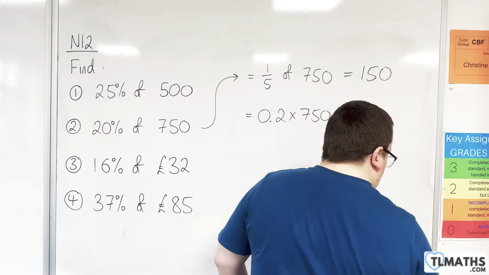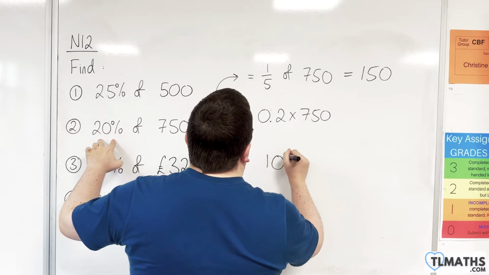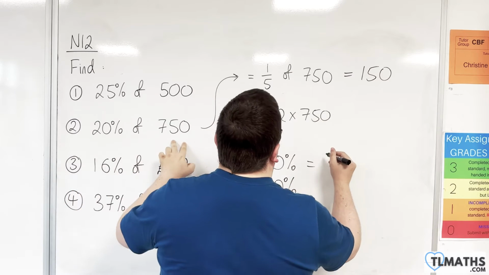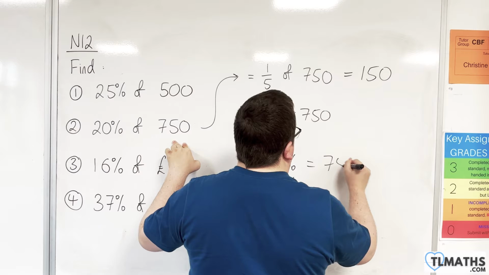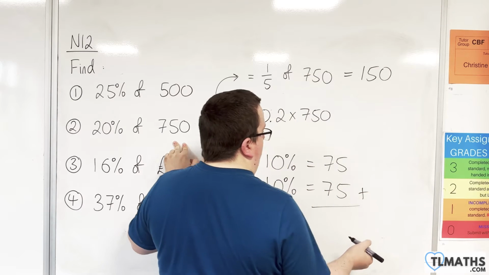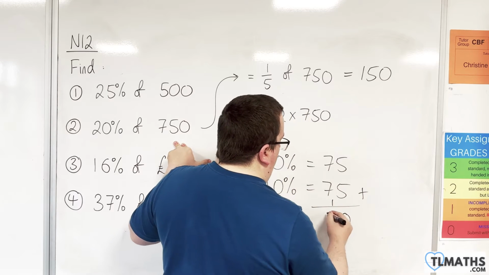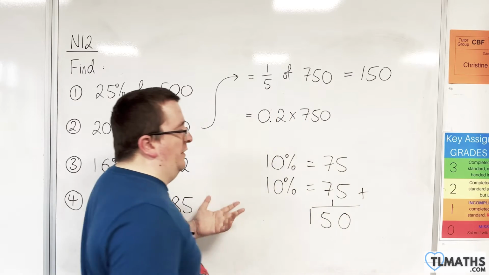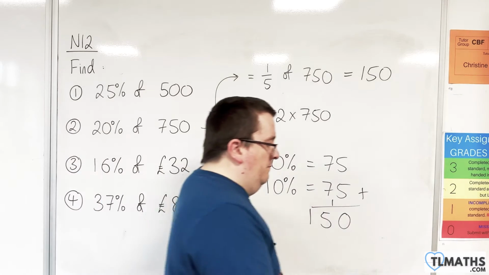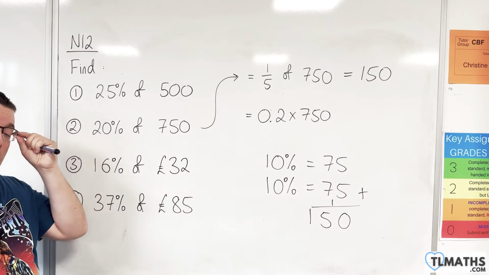Alternatively, you could go, well, 20% is 10% and 10%. Well, 10% of 750 would be 75. So we've got two lots of that, add them together. 5 and 5 is 10. 7 plus 7 plus 1 is 15. And there's my 150. So any of those methods are probably same level of difficulty, I would say.